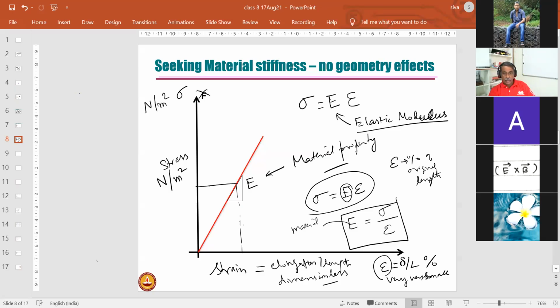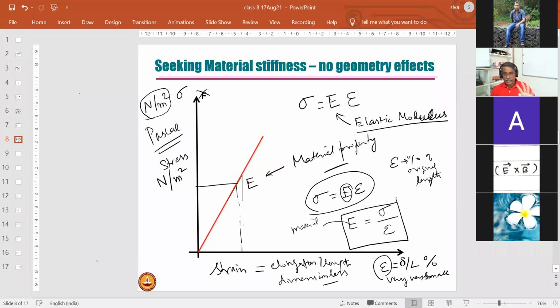Now, is this unit familiar to you? Where else did you see this kind of unit? Pressure, Pascal. So this stress is expressed in terms of Pascal. Okay, so far so good.